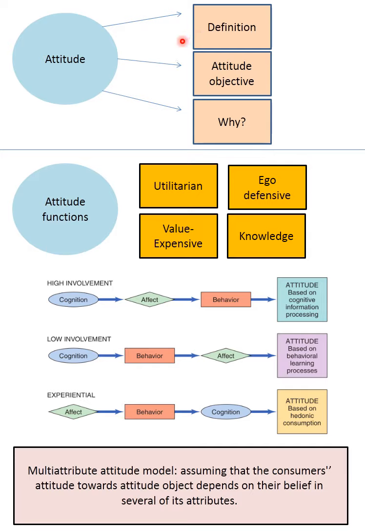Human beings always love to evaluate anything around them. So that's the attitude. The other point is the attitude object. It's anything toward which one has an attitude. It can be a university, a company, or a product, and it reflects the customer's perceptions towards this specific thing.